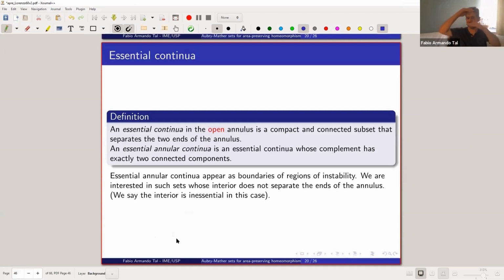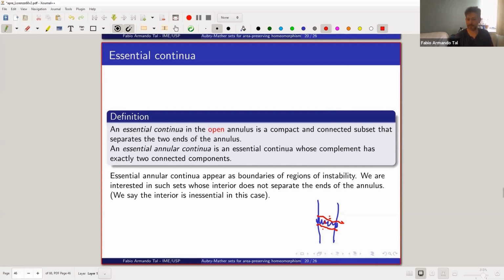I mean, you have these diffusive regions, and then you look at the boundary of these regions, and usually you have some of these essential continua, which separate the annulus into two parts. So you have the dynamics here. You have this region of instability here, and you're going to find some boundary of the annulus here. Each one of these is sort of an essential continuum separating the annulus in two parts.